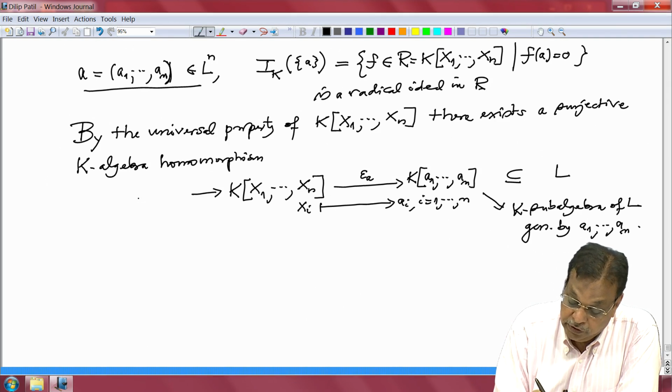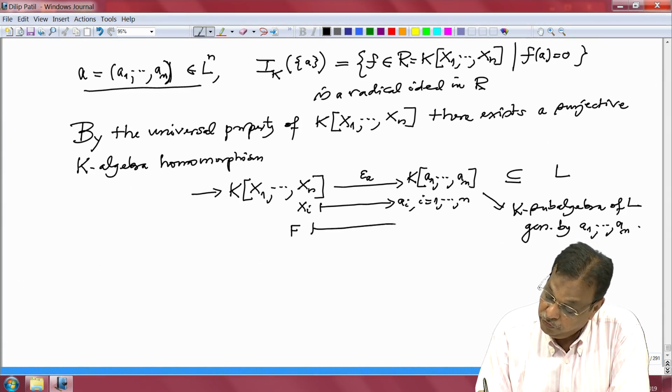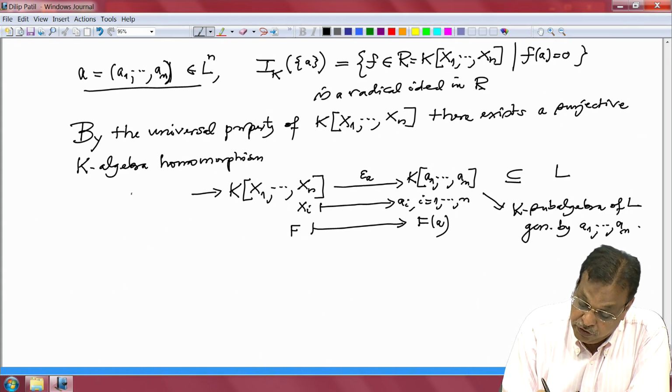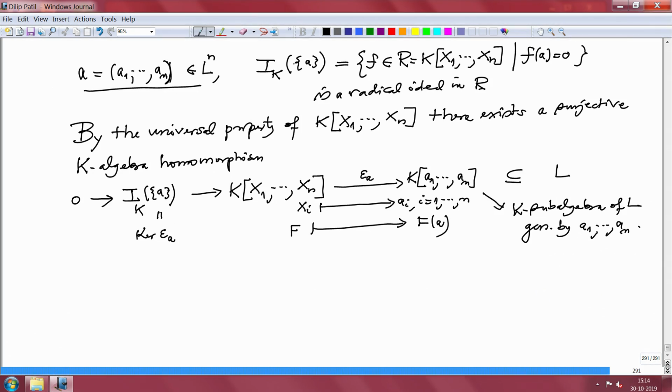The kernel is by definition precisely all those polynomials which vanish when you plug in x_i equal to a_i. Any arbitrary f here will go to f evaluated at a. So the kernel is precisely by definition I_K of the singleton a. This is equal to the kernel of epsilon_a. By the way, I also want to drop the curly bracket notation, so I just write I_K(a) without brackets.